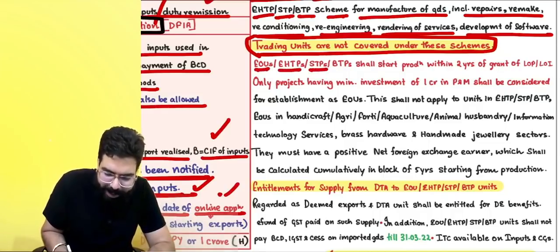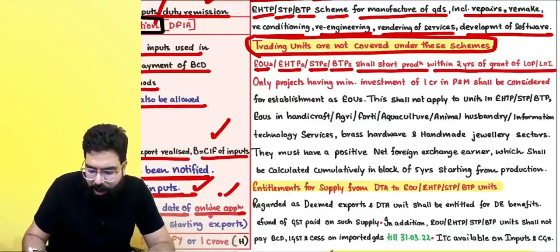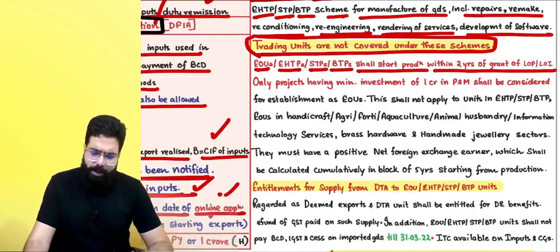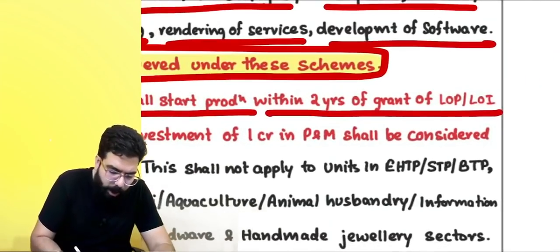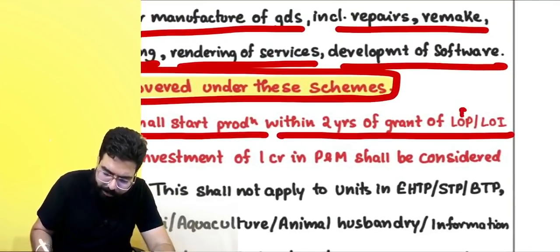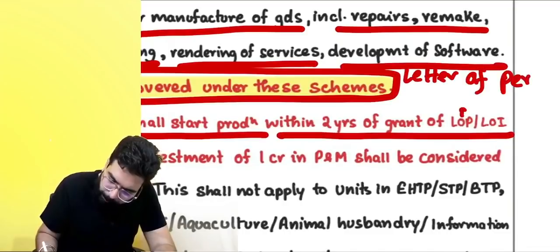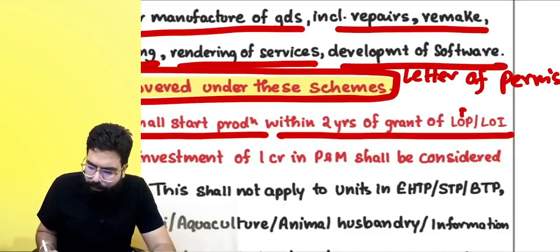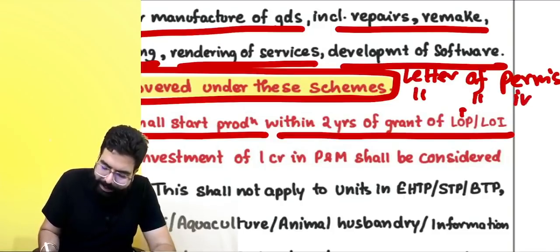EOU, ESTP, STPs, BTPs shall start production within 2 years from the grant of letter of permission. You can say LOP means letter of permission, or it is letter of intent.